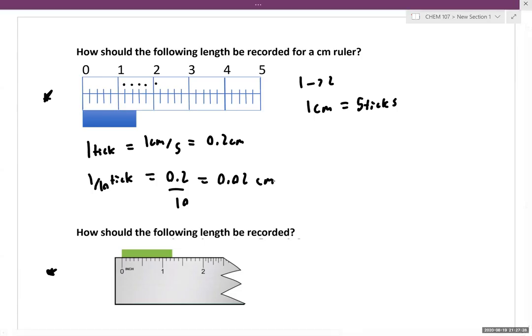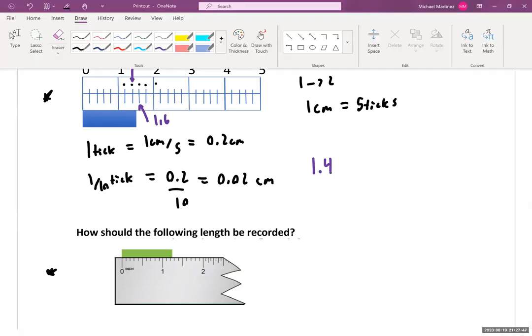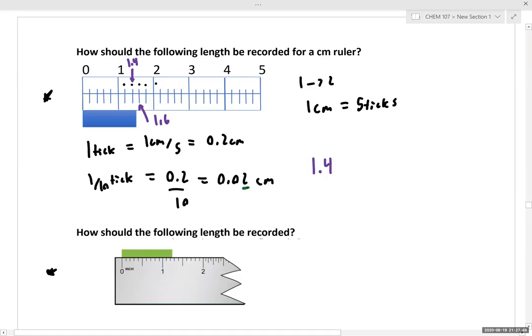So thinking about our certain digits, this certain digit is 1.4, and this other certain digit is 1.6. So we can report our certain digit as 1.4, and then we can estimate one more digit, keeping in mind the estimated digit has to be even.